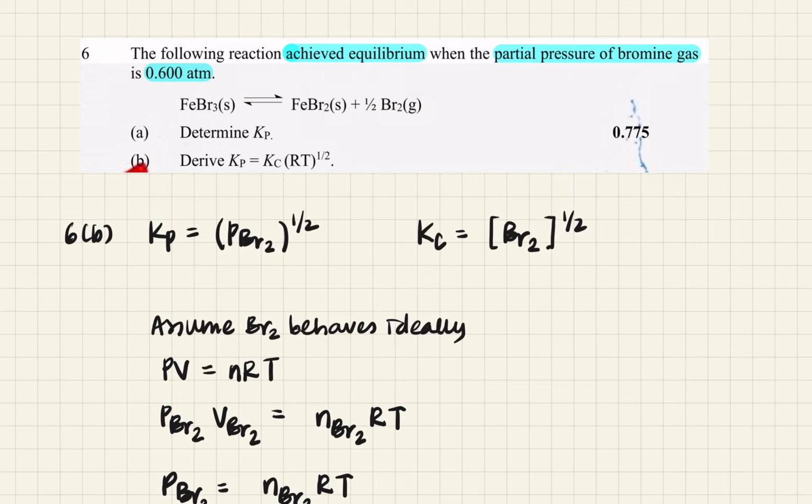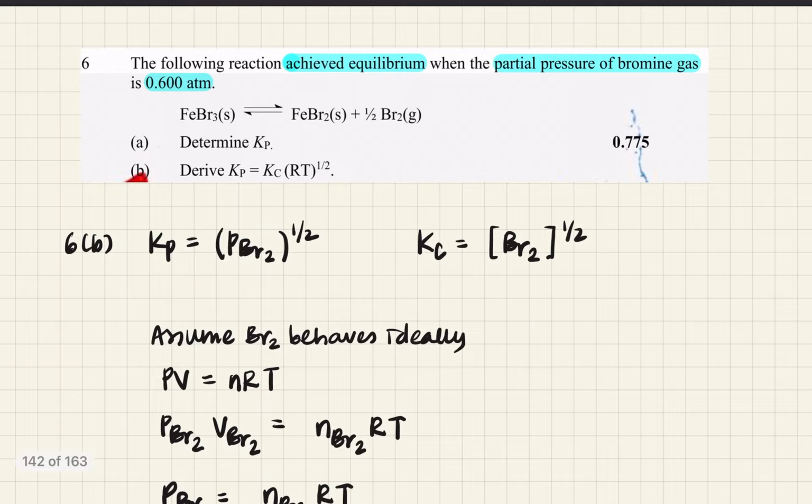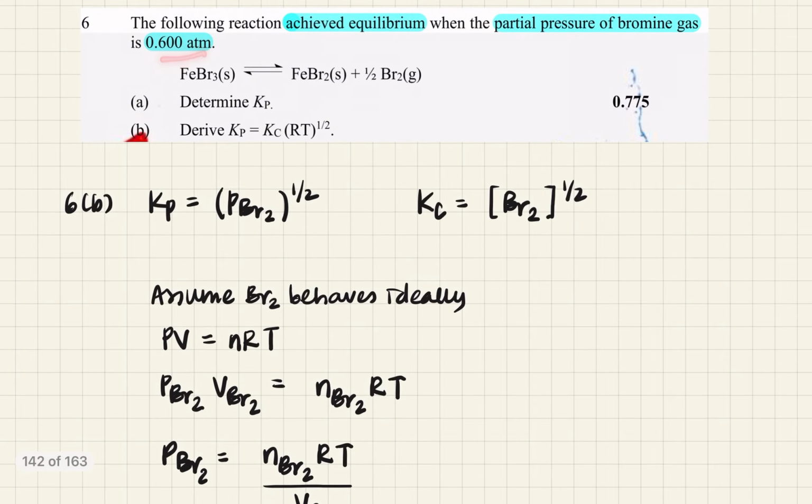Next, number 6, the following reaction achieved equilibrium when the partial pressure of bromine gas is 0.60 atm. So that means it achieves equilibrium when the partial pressure is 0.6 atm. So from here you already have the chemical equation, and you are asked to determine the Kp.